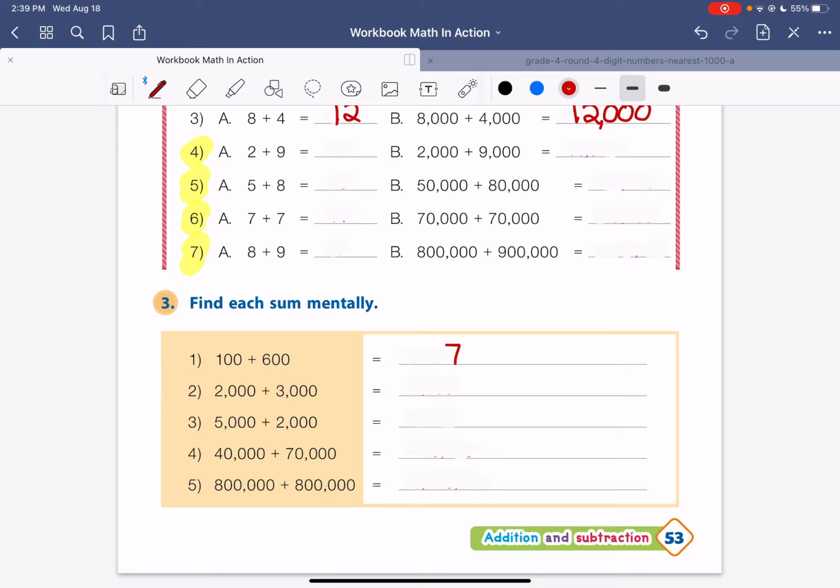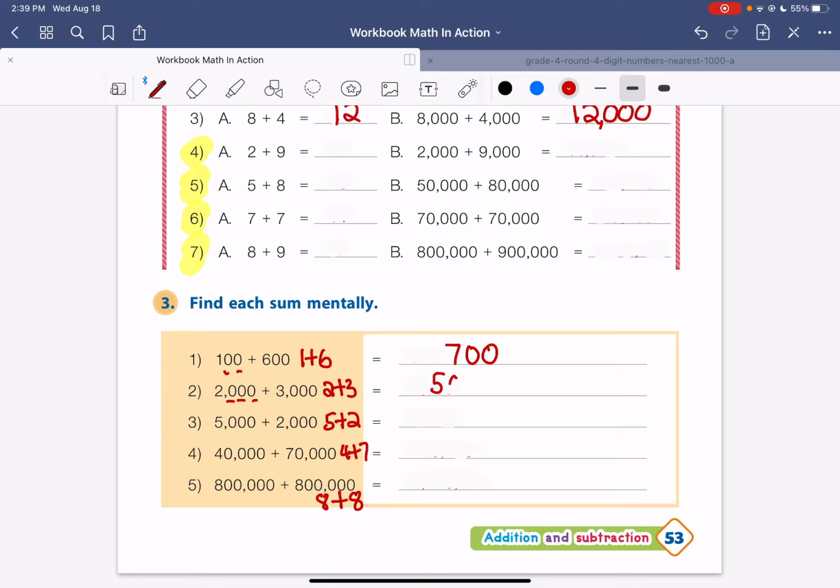How many zeros do we have? 2 zeros. Next, 2 plus 3 equals 5.